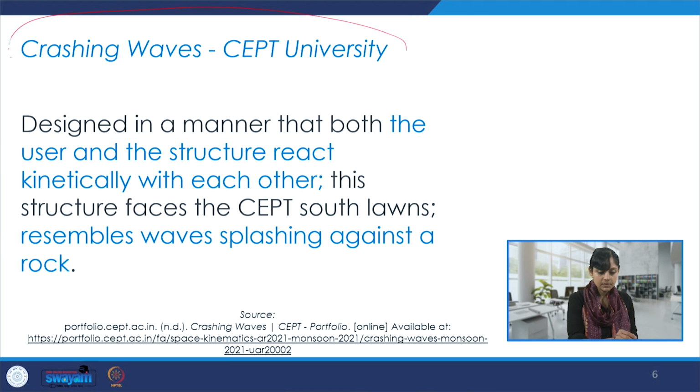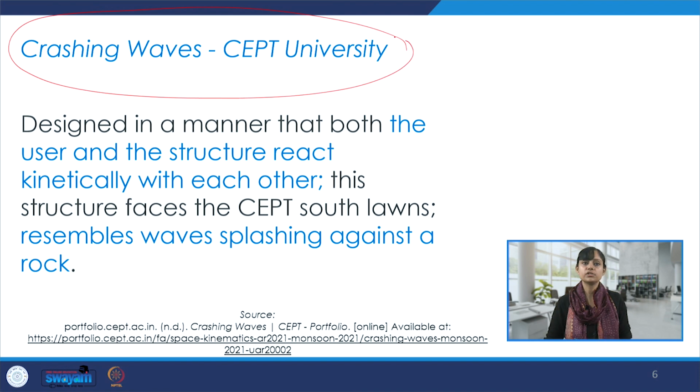One of the examples is this installation called Crashing Waves, and this is one of the outcomes from a studio that was conducted at the CEPT University based in Ahmedabad. Designed in a manner that both the user and the structure react kinetically with each other. This structure faces the CEPT South Lawns, resembles waves splashing against a rock.